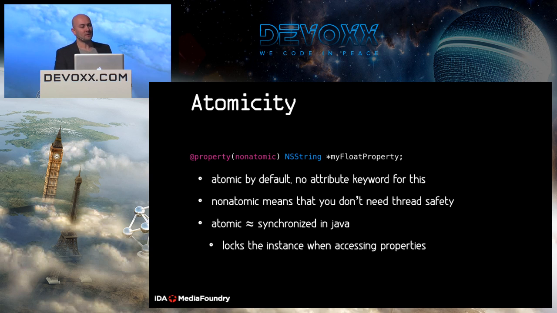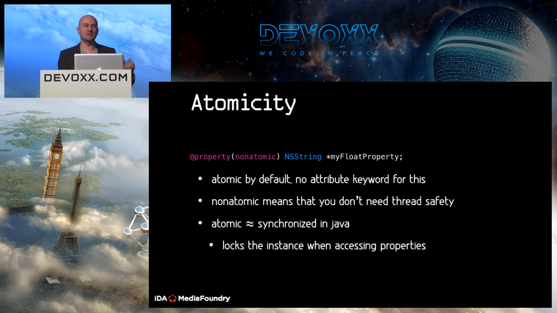Atomicity. So in a thread-safe environment, normally all properties are atomic. That means that the runtime will, every time you call a setter or a getter, take a lock on your object. And it will release the lock again when things are done.